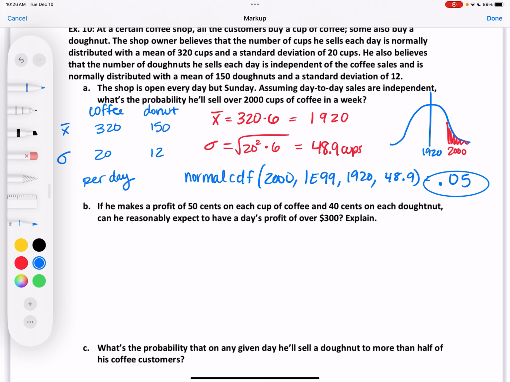So if he makes a profit of 50 cents on each cup of coffee and 40 cents on each donut, can he reasonably expect to have a day's profit over $300? Explain.